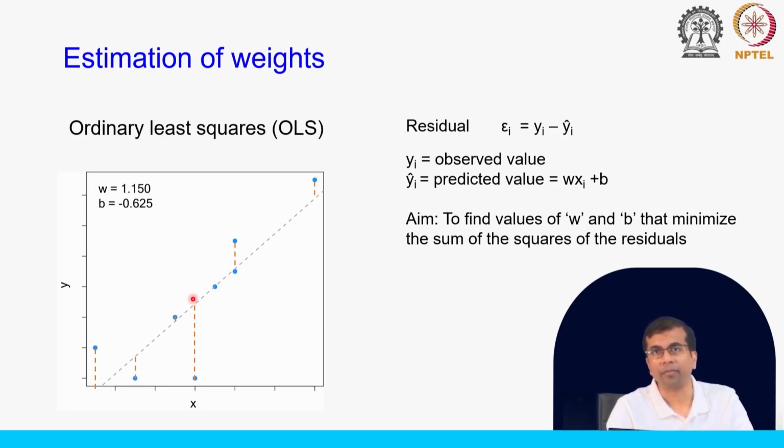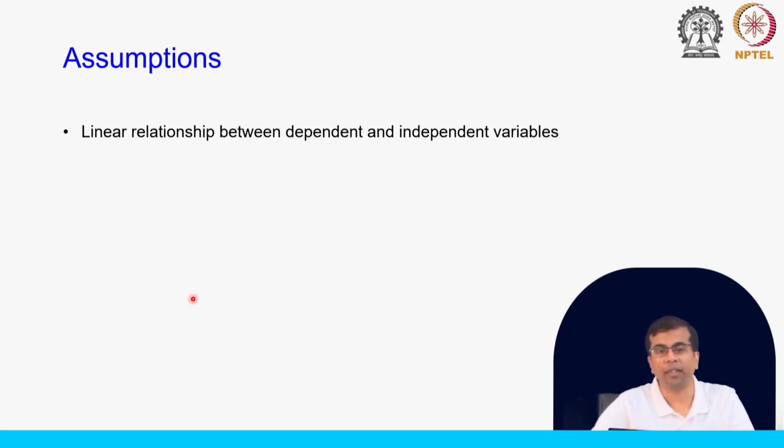Without going into further detail on how this works, at least we have some idea. Let us talk about the assumptions that we make when we are fitting a linear model. When you are fitting a linear model, what we are assuming is that there is a linear relationship between dependent and independent variables. This is probably obvious, right? Otherwise, we will not be able to write the equation y equals w1 x1 plus w2 x2 plus b unless we assume there is a linear relationship.